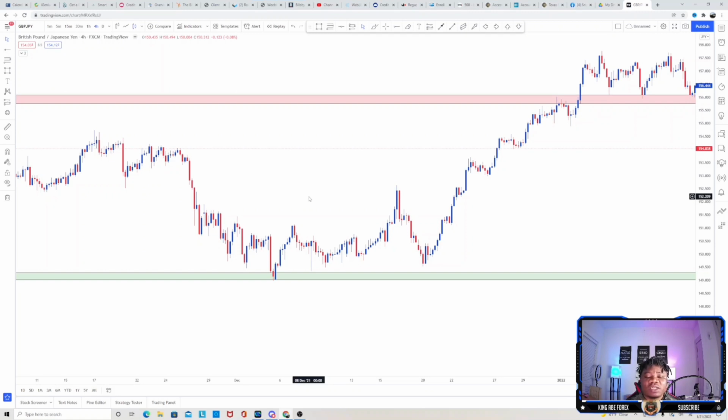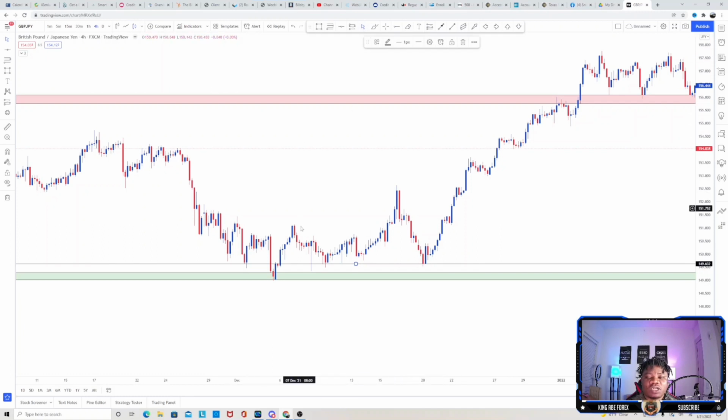All you simply need to do is to wait for a pullback. And here on the time frame, you can see that we had this zone right over here, because price was just bouncing off that zone here on the 4-hour time frame.